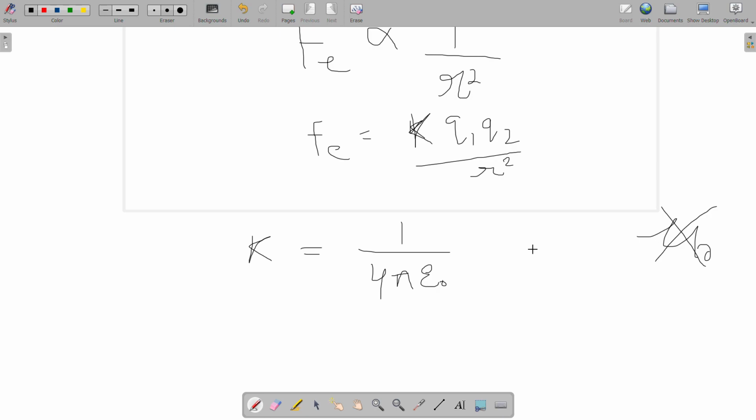So please carry on. If you have already studied this, you can just skip this part and move to the vector form, which we will be discussing in a few minutes.